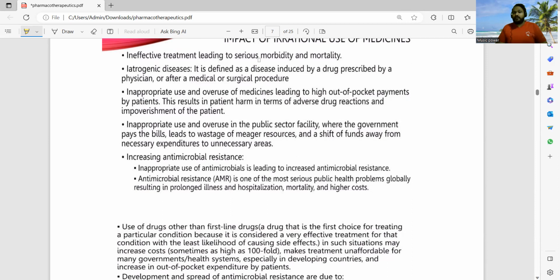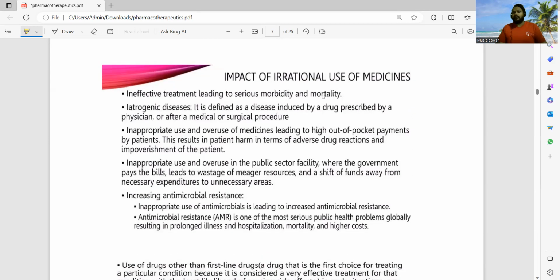Ineffective treatment leading to serious morbidity and mortality, and iatrogenic diseases. It is defined as the disease induced by the drug prescribed by a physician, or physician-induced disease, called iatrogenic disease. There is one more term, nosocomial infection. It comes from the hospital facility or hospital setups.